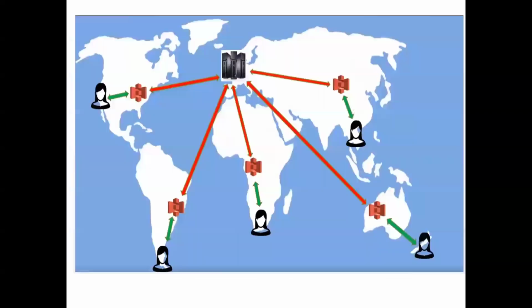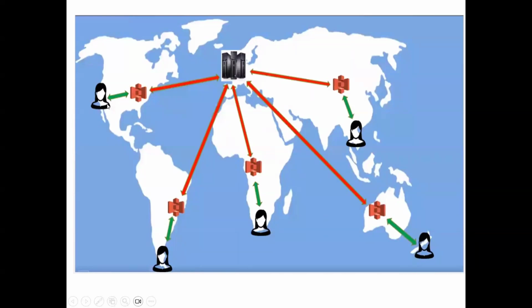Suppose a user has created a bucket in the US East or US West region. In some US region, the user has created a bucket and wants to upload objects into it. Usually the user is in India.